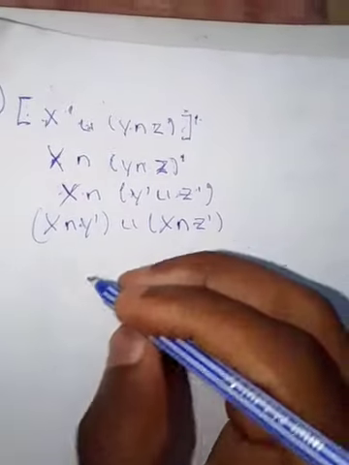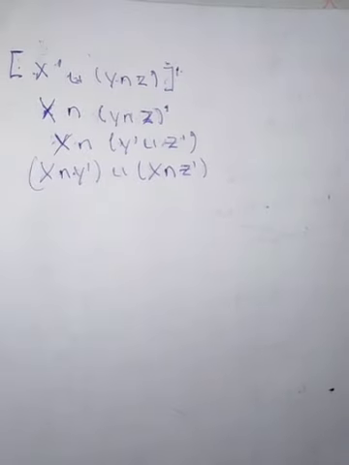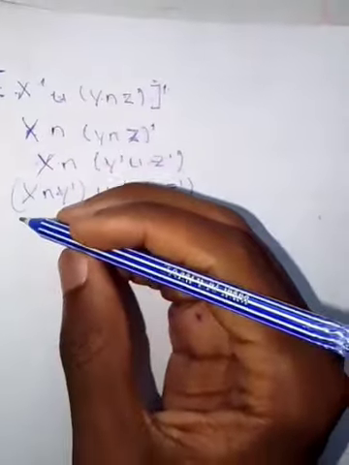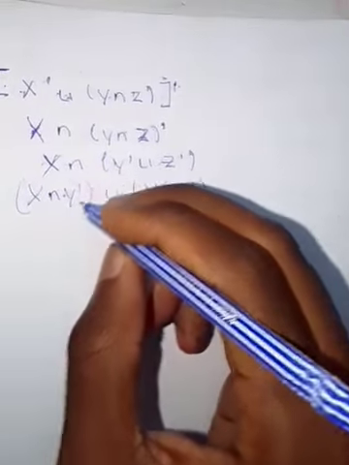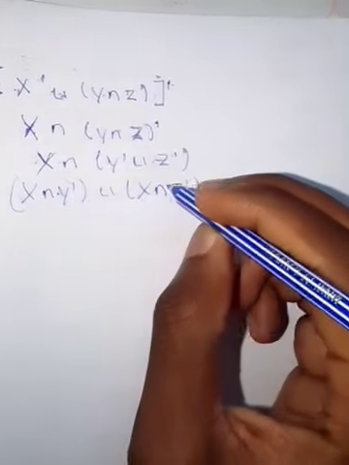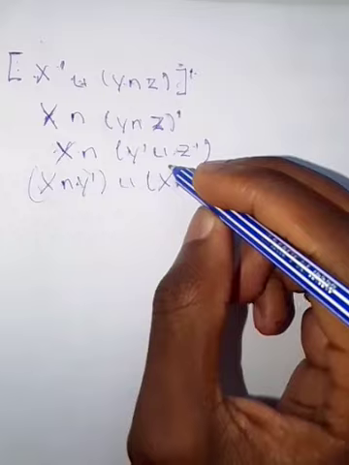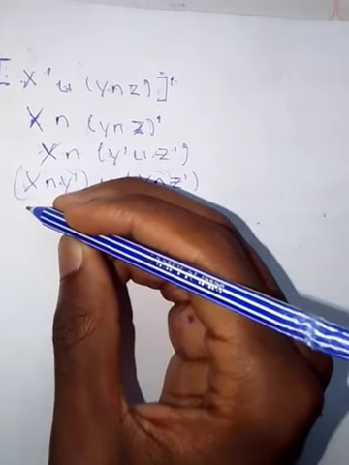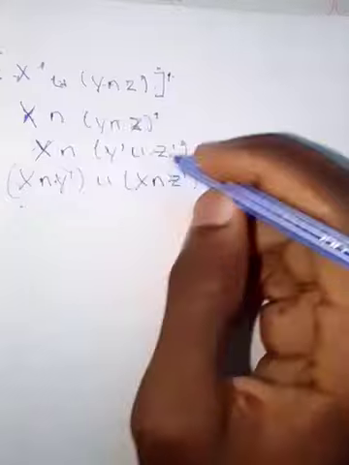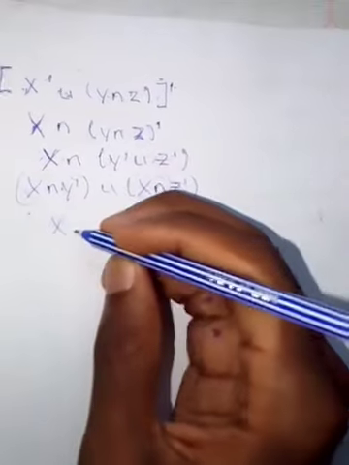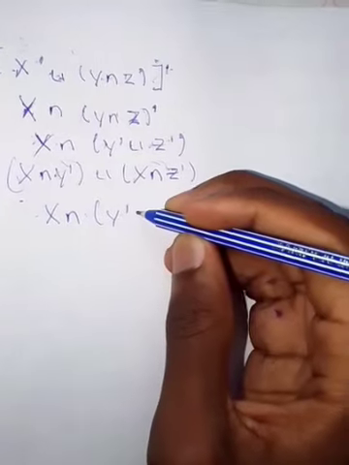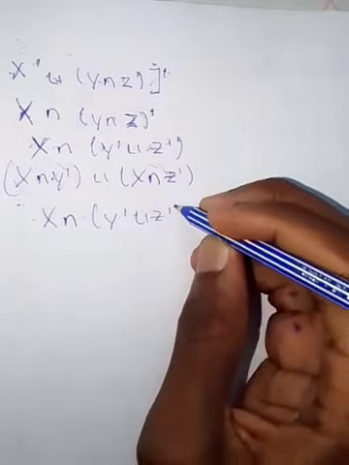Okay, so now for this question we can't go any further. As you can see, we cannot minimize or replace these with any identity. So you're just going to reverse it to the previous form. So you're going to say x intersection y complement union z.